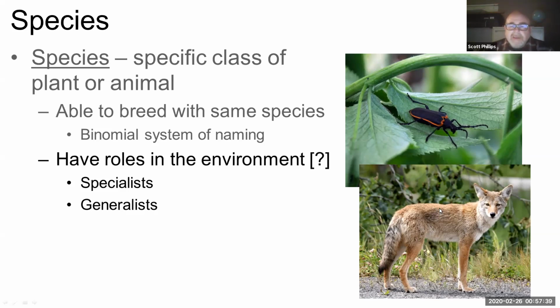This, on the other hand, is a coyote, and coyotes can live in all kinds of different environments and circumstances. So the beetle would be considered a specialist, and the coyote would be considered a generalist. That's an example of their role in the environment. Another example might be a top-level predator or a herbivore, just different ways that you make a living as an animal or a plant.